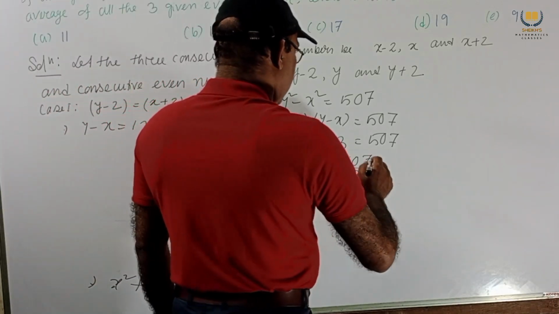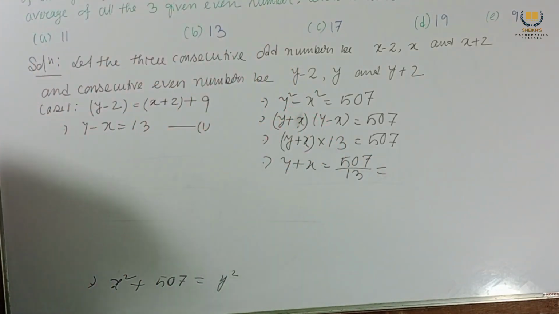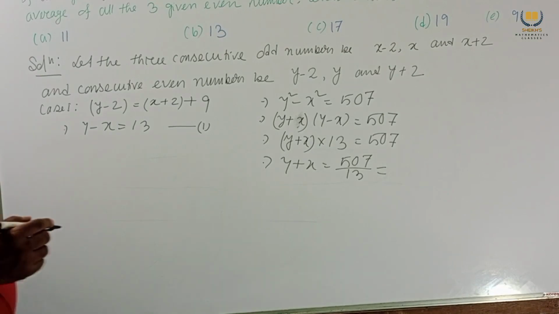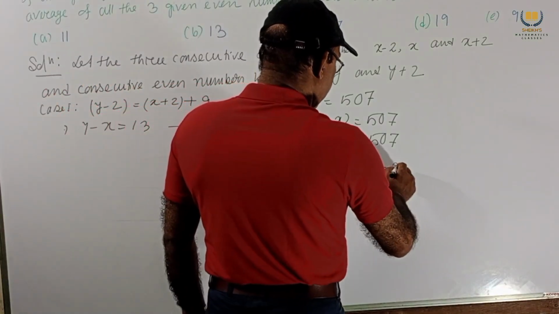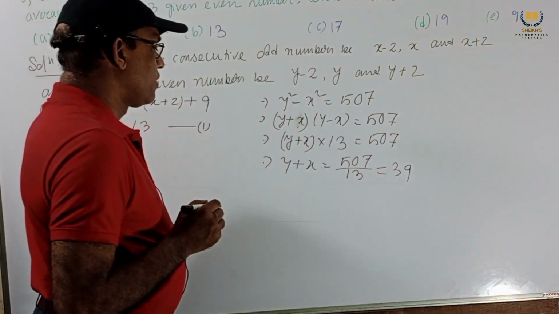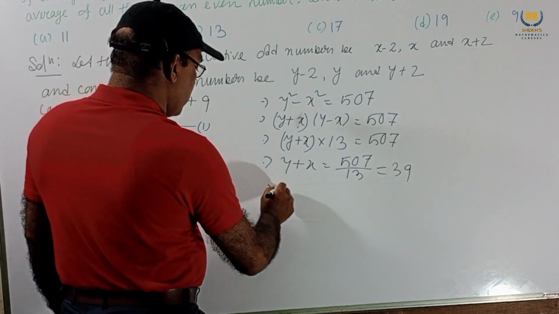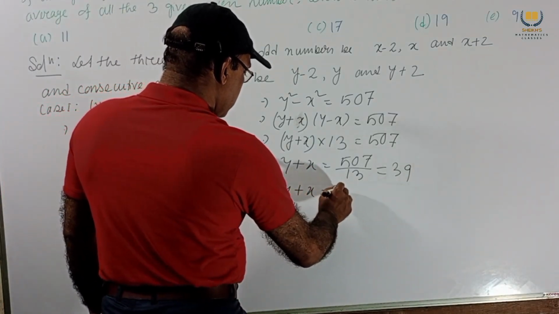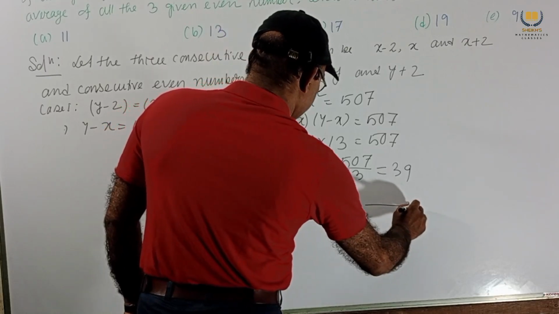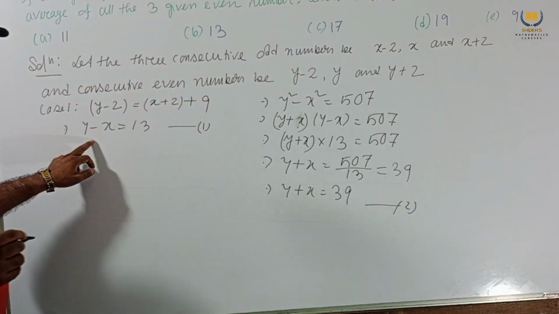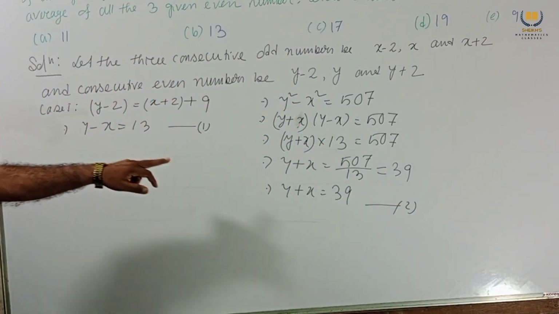If we divide, we get 39. So y plus x equals 39. This is equation number 2.